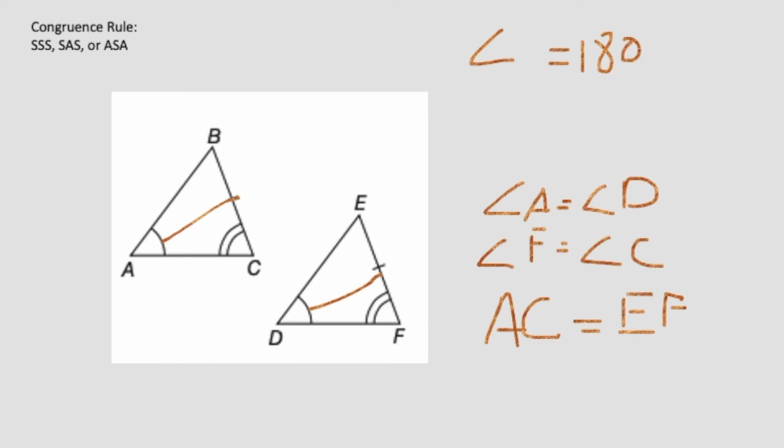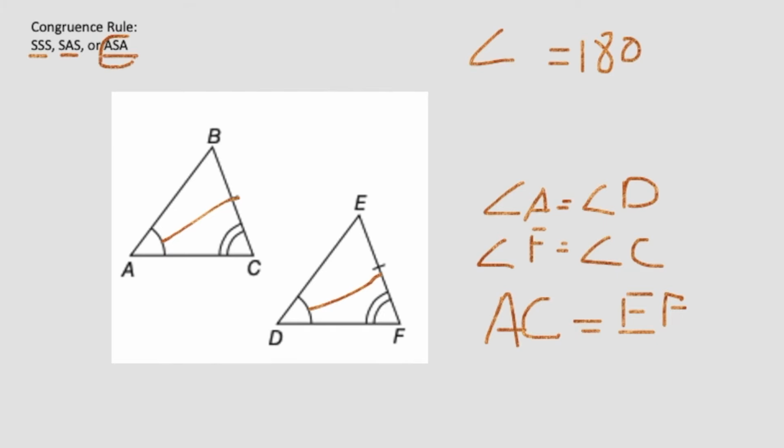Can we say that we have 2 pairs of equal corresponding angles and a pair of equal corresponding sides? Yes, right? So what congruence rule uses 2 pairs of equal corresponding angles and equal corresponding sides? This would be side, side, side, side, angle, side, or angle, side, angle.